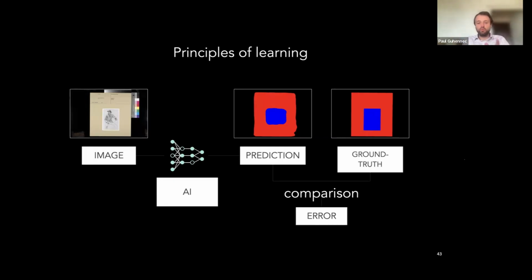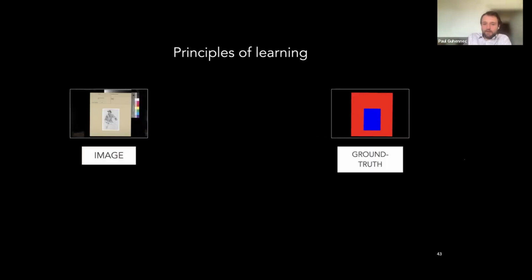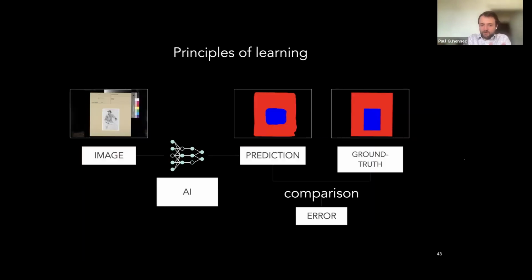It creates an error, which we use then to adjust the AI. You repeat the circle again and again and again, and the more you repeat it, the better the AI is at learning exactly the task. So this is the general structure that you will see in every form of training.